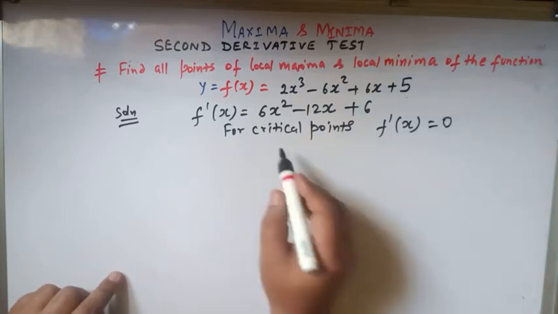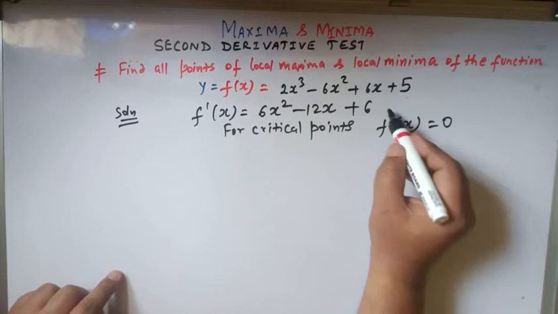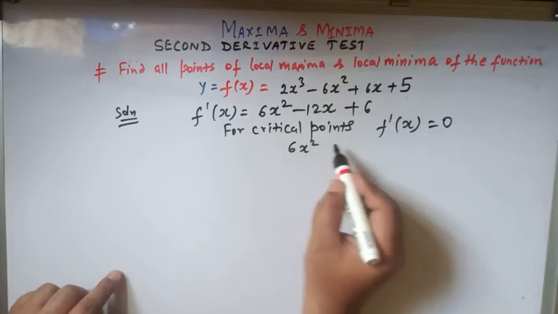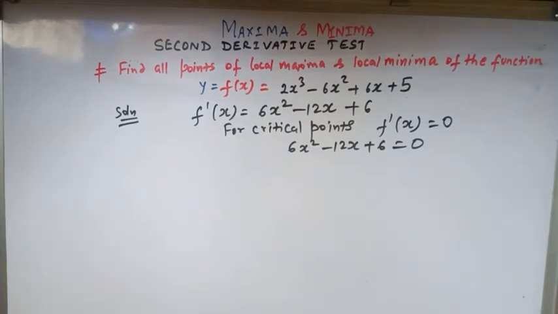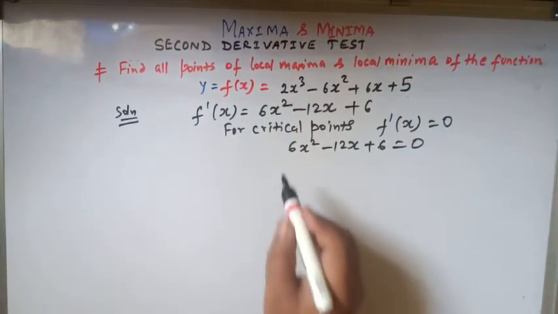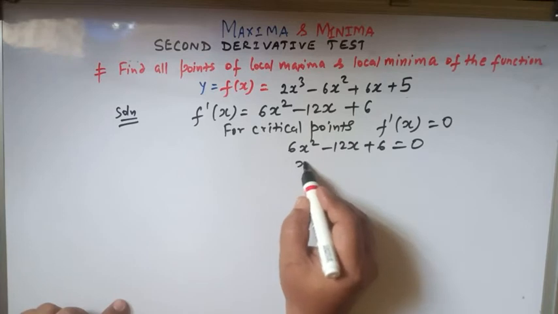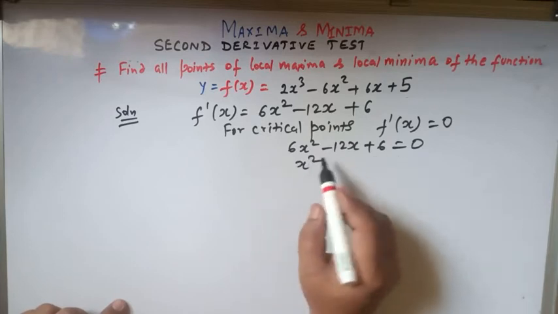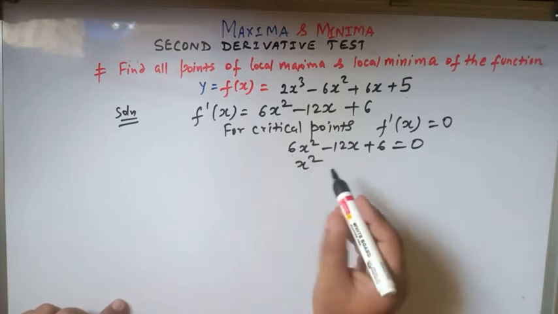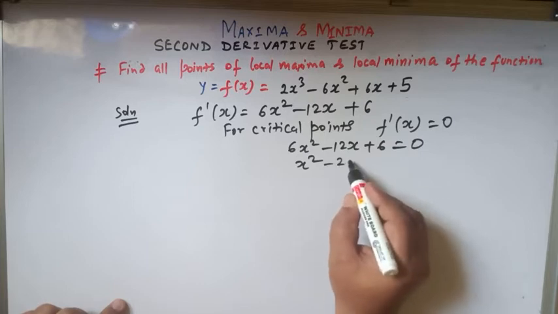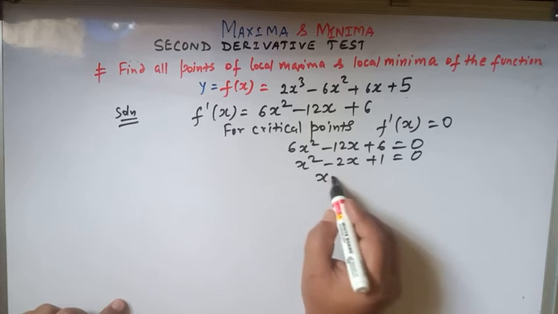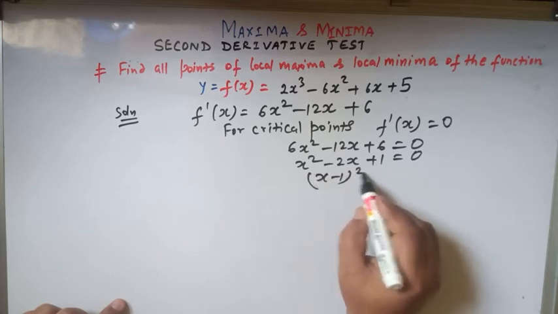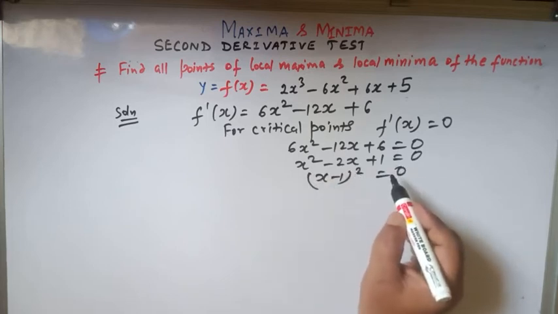So we have 6x² − 12x + 6 = 0. Now we divide this equation by 6. We have x² − 2x + 1 = 0. So viewers, we have (x − 1)² = 0.